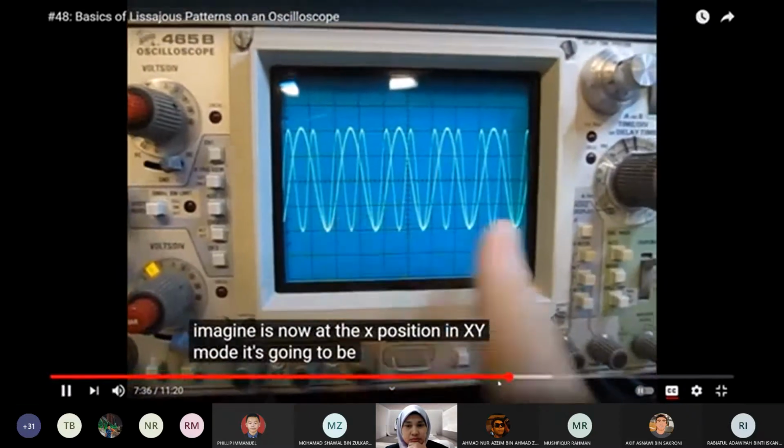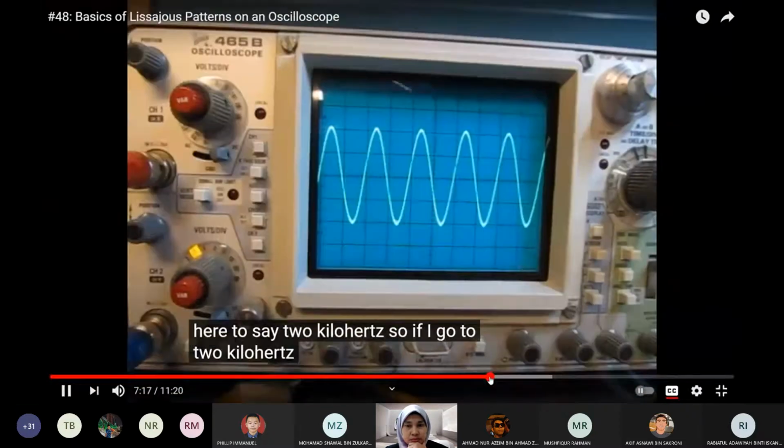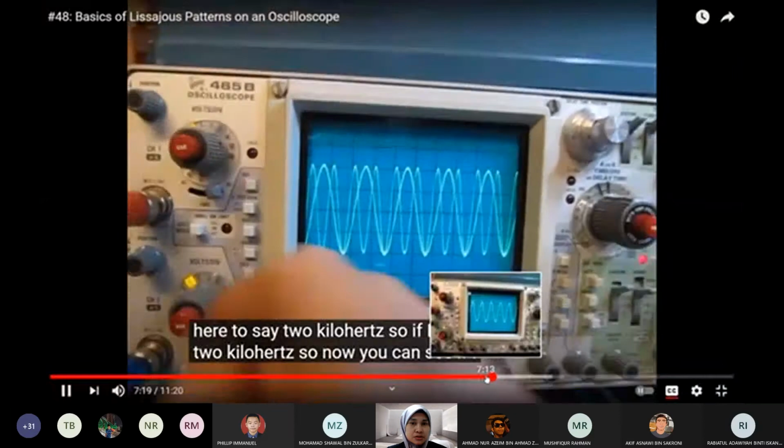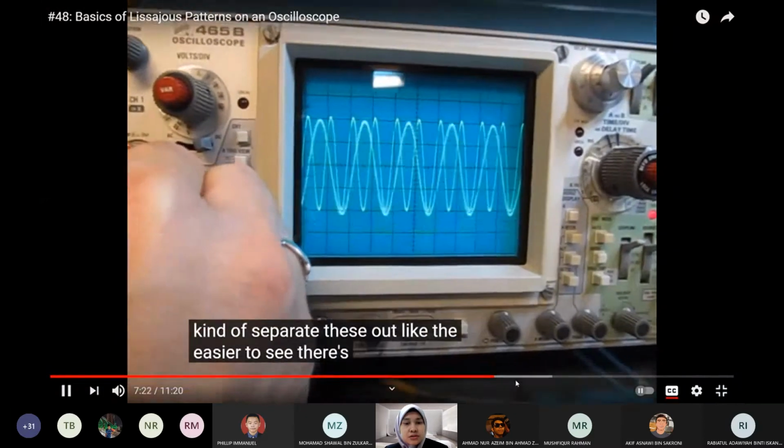Now one channel is 1 kilohertz and another channel is 2 kilohertz.